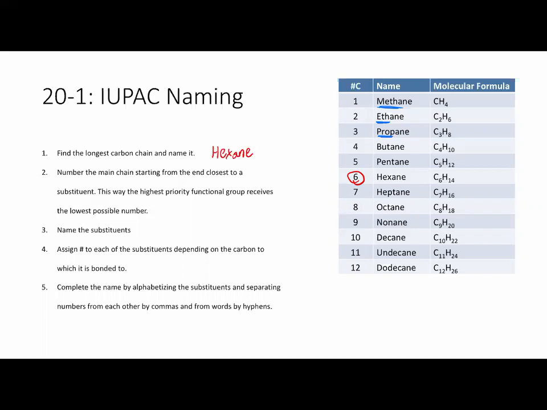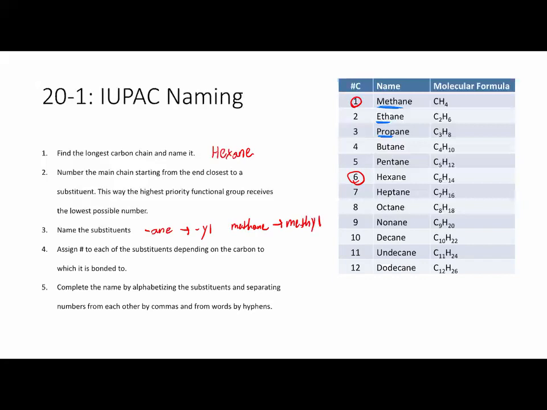And third, name the substituents. For alkyl groups, you replace the "ane" ending with "yl". If you have a substituent with 1 carbon, that would be methane, but since it is a substituent, you would change the ending and it would be a methyl group.